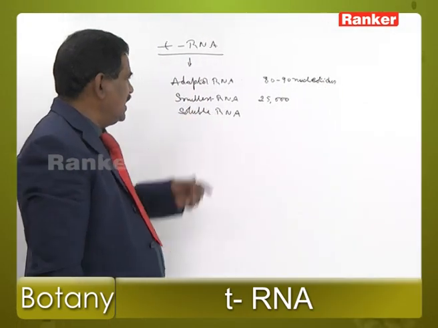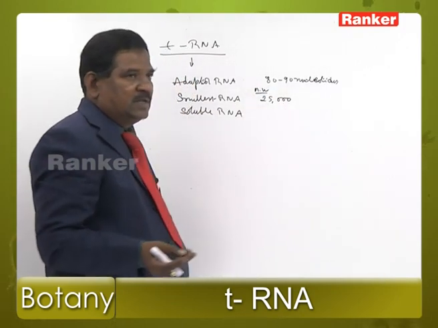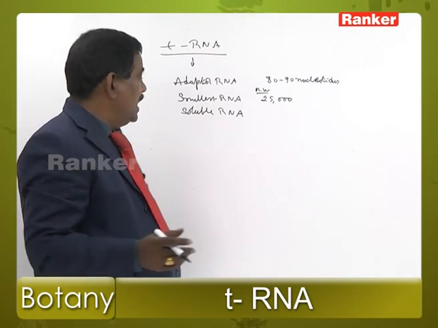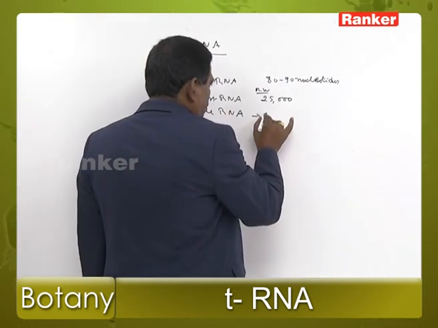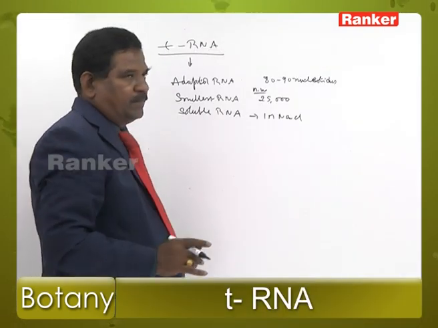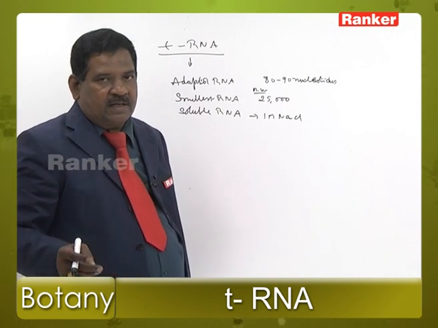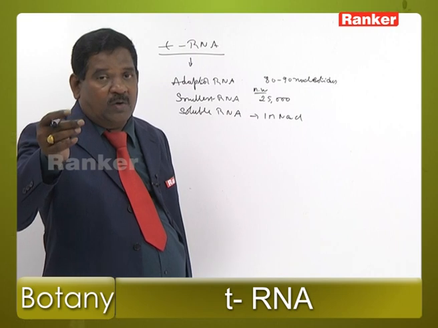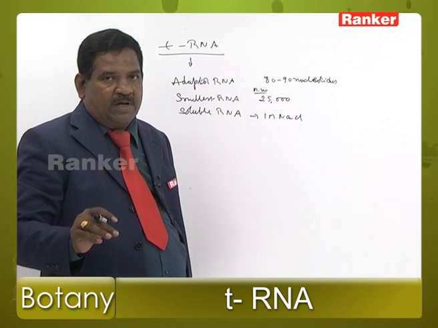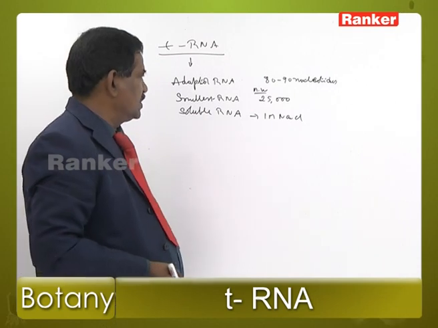So it is the smallest RNA, and it is soluble in 1 molar sodium chloride solution, so it is soluble RNA. Function: translate or decode the codons present on mRNA. Transfer amino acids from the cytosol to the protein synthetic area, that is, the ribosomes.